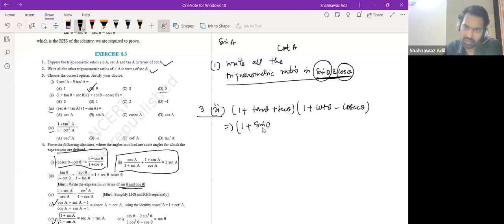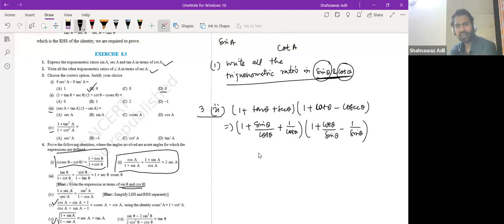Yes, absolutely right. And then what is sec theta? 1 by cos theta. And then we have cot theta. In terms of sine and cos, what would it be? Cos theta by sin theta. Yes, good. And the last one, cosec theta, is 1 by sin theta. So now we simplify these terms, right?